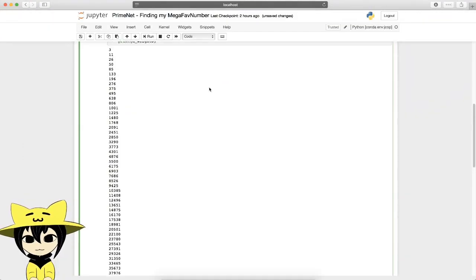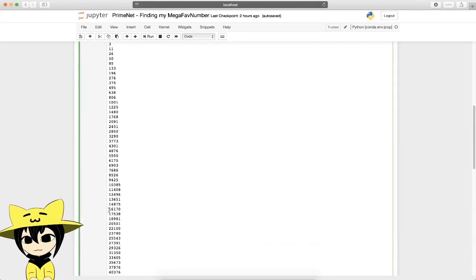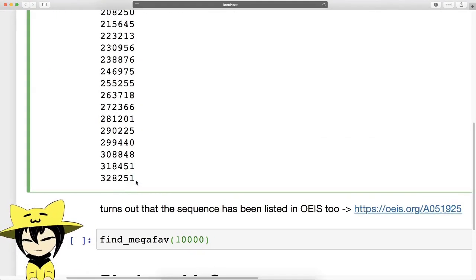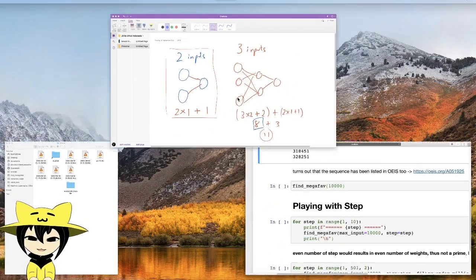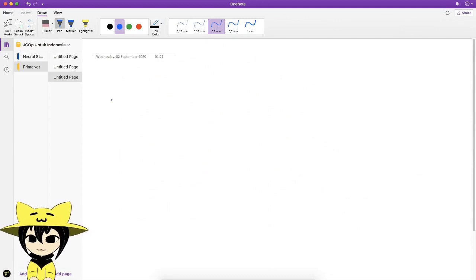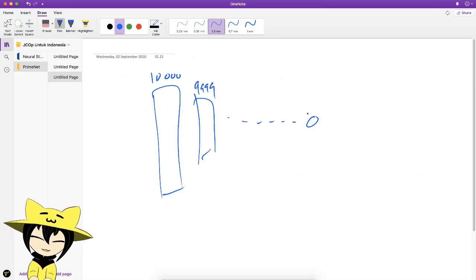To make it simple, I have created the code to check if one of these is prime. Actually this is not a mega number, it's still smaller than a million, but let's see if we have 10,000 layers of neural network. This is just 3 inputs. What if we start with 10,000 inputs, then go to 9999, then until 1?